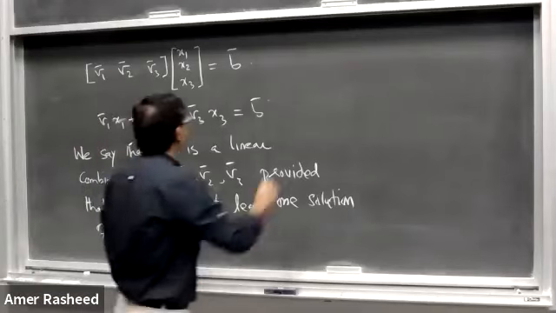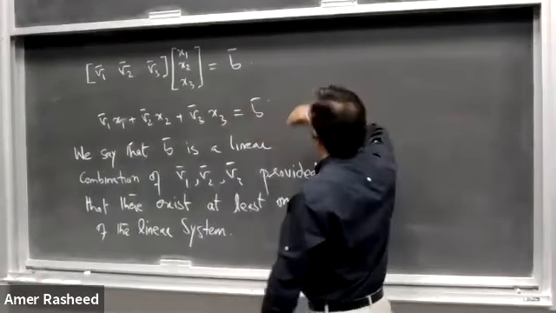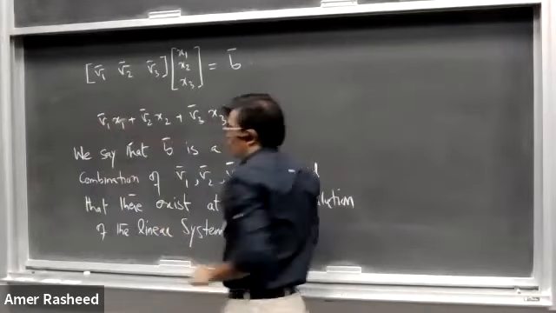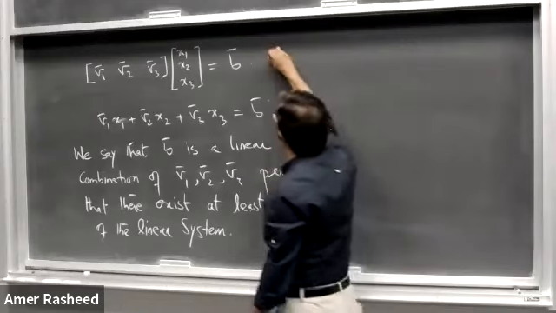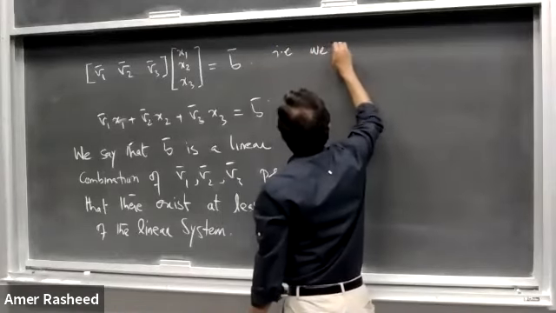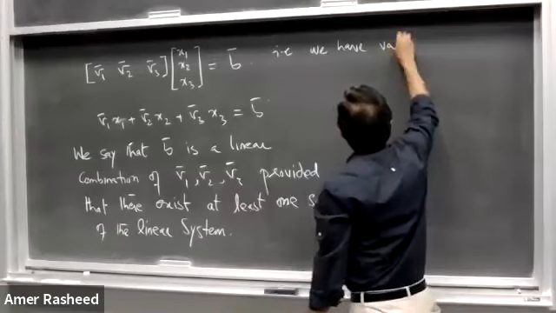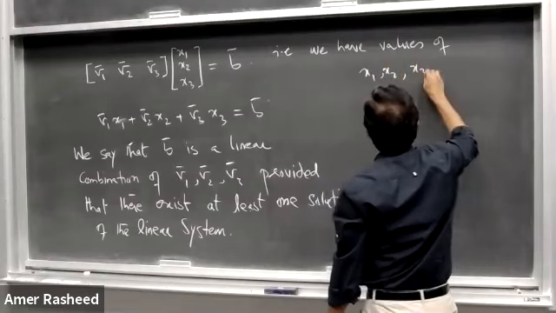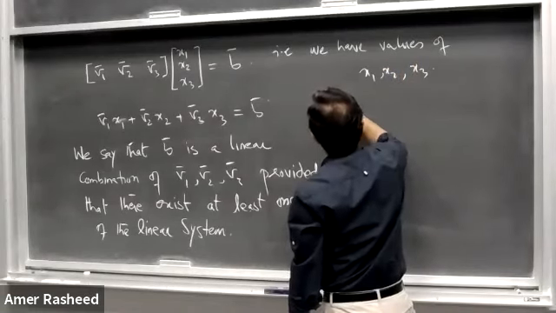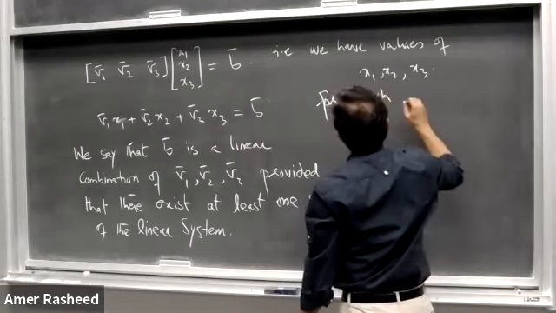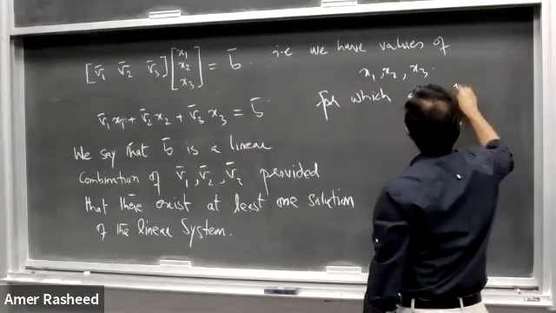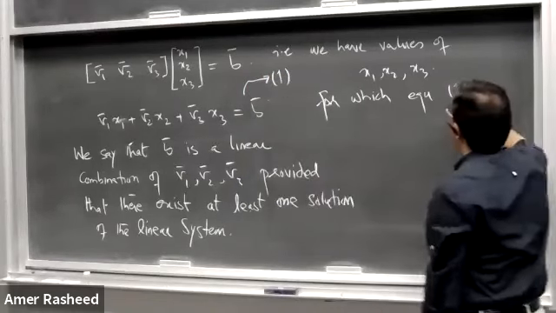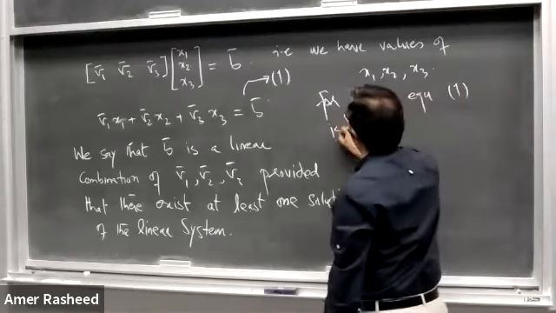Okay, means we must have the values of x1, x2, and x3 for which this equation is true. That is, we have values of x1, x2, and x3 for which equation 1 is true.